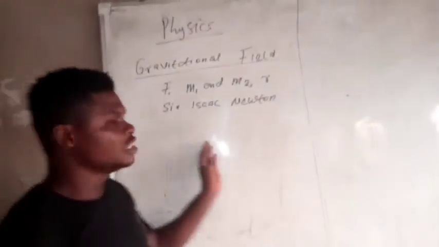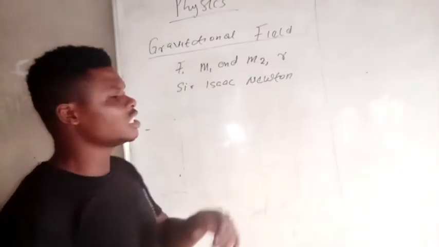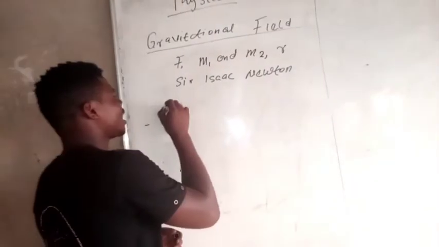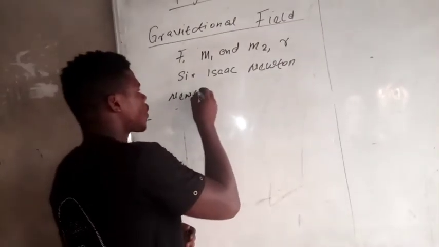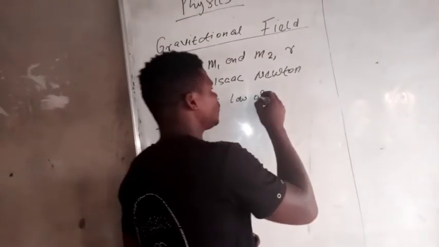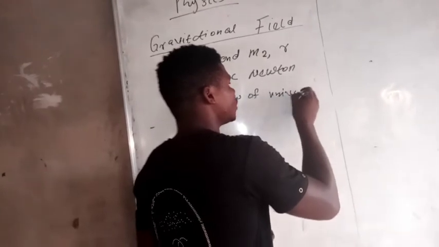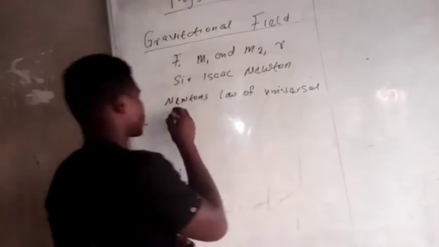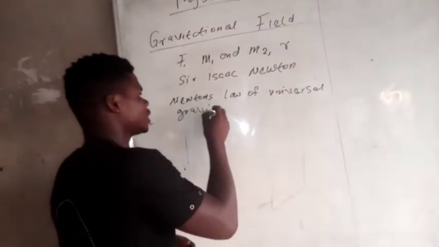From this, Newton proposed his famous theory, which is known today as Newton's law of universal gravitation.